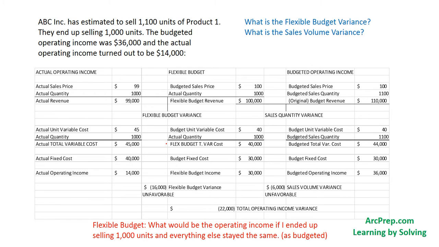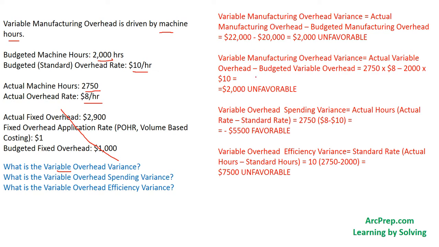So in a sense, what we are doing is, what is the actual manufacturing overhead minus the budgeted manufacturing overhead. The actual is 2,750 times 8, and the budgeted is right here, 2,000 times 10, which is $2,000 unfavorable.